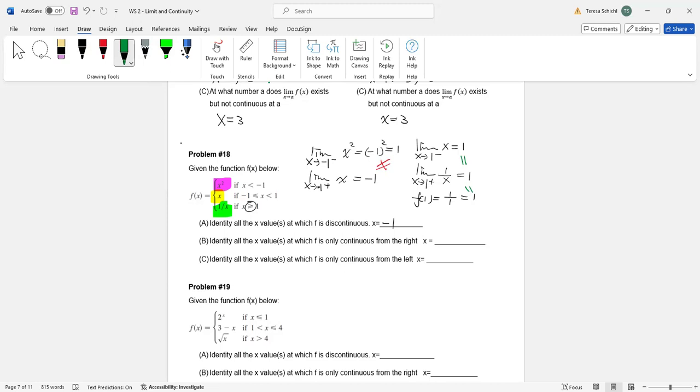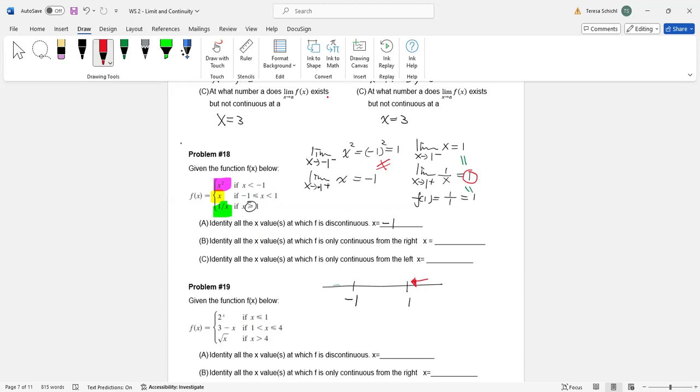Okay, so now let's see the second part: f is only continuous from the right. I think it will be easier if I do a picture here. This is -1, this is 1. From the right, if I approach 1 from the right, this number is 1, and 1 is equal to 1.